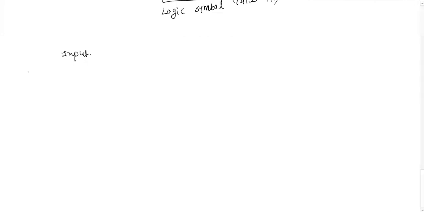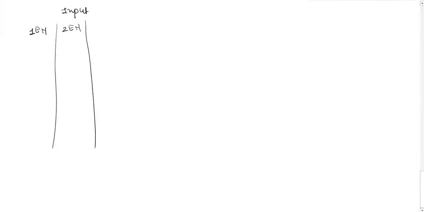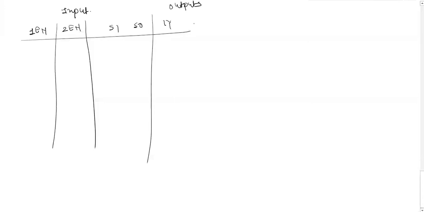The first input is the first enable bar signal, the second input is the second enable, the third is the select lines S0 and S1, and the outputs are first Y and second Y. These are the two outputs.